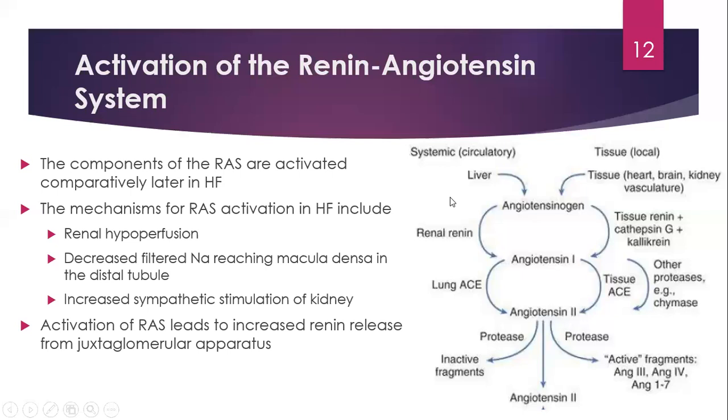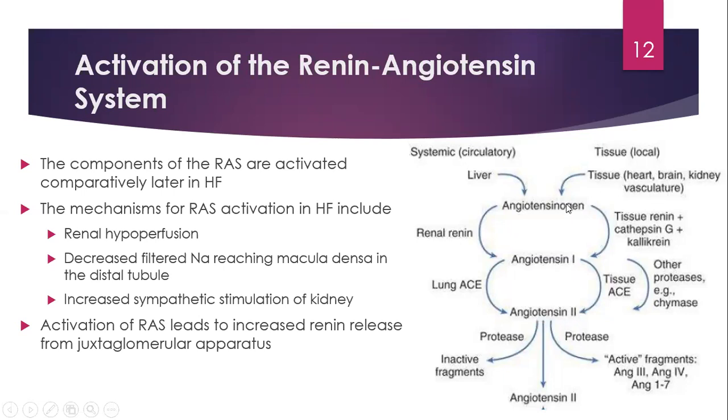Now, this schematic just shows the production of angiotensin. Okay, so angiotensinogen is secreted mainly by the liver, the one that is in the circulation, but also some amount of angiotensinogen is secreted by local tissues. So within the heart, the brain, the kidney, and the vasculature, some amount of angiotensinogen is secreted.